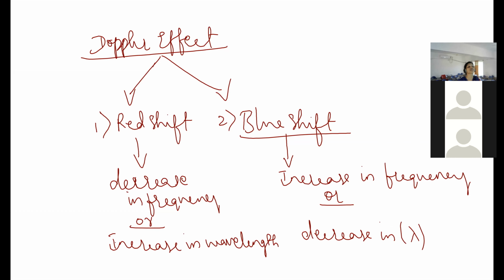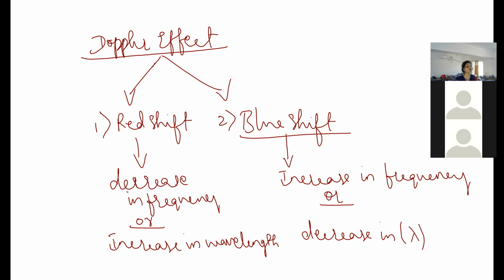They are classified due to the apparent change in frequency or wavelength between source and observer. In redshift, a decrease in frequency or increase in wavelength takes place, because frequency and wavelength are inversely proportional to each other.